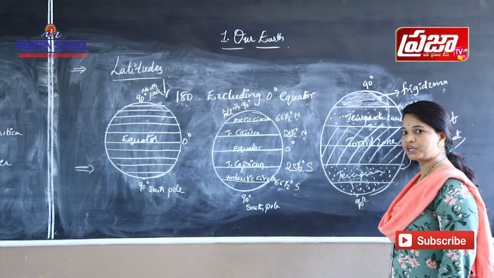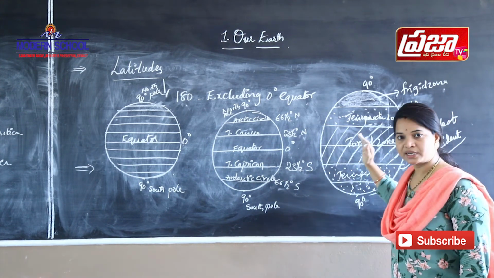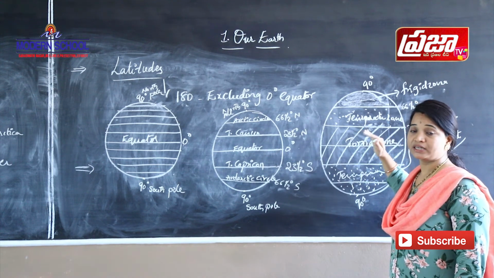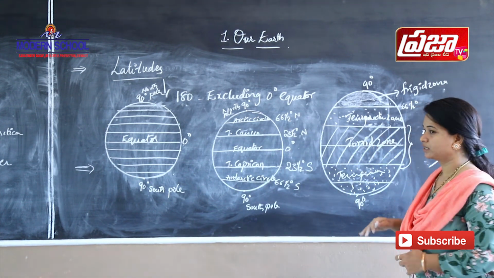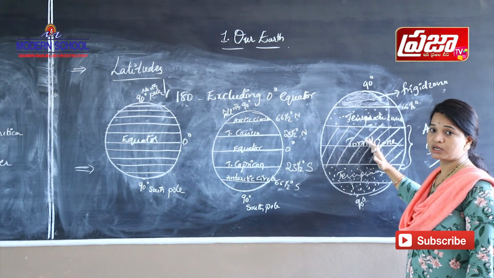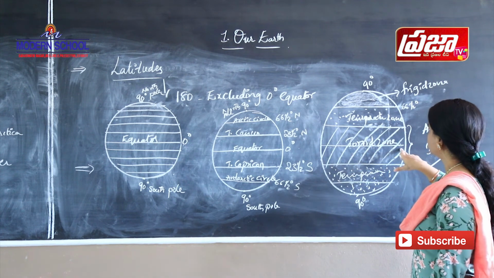The angle of incidence is very less here, and it receives more heat from the sun in this zone, that is why it is named the torrid zone.